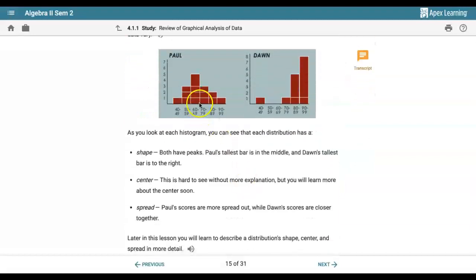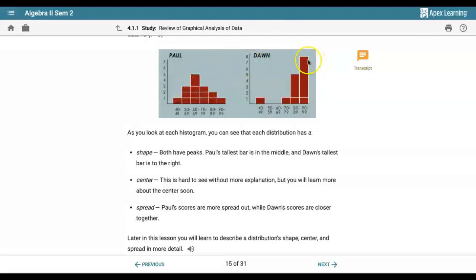If we look at both of these, the 3 things that we're looking at are shape, spread, and center. Paul and Dawn both have a shape. They both have a peak.